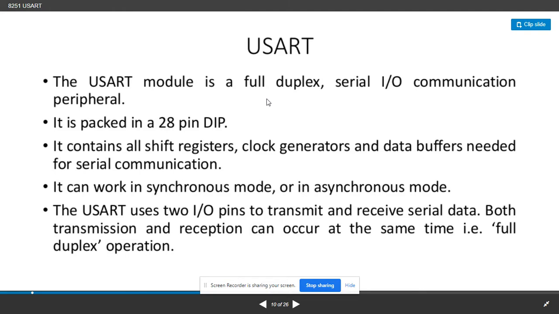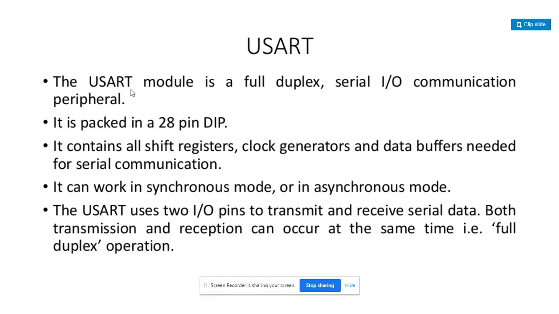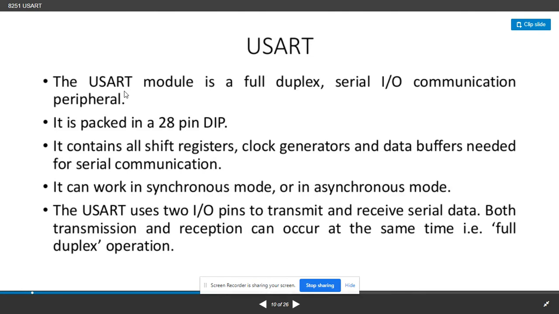USART is a full duplex serial input-output communication peripheral. It means USART is a synchronous asynchronous receiver transmitter, a controller or module that provides both synchronous transmission of data as well as asynchronous transmission of data. It also transmits the data as well as receives the data.